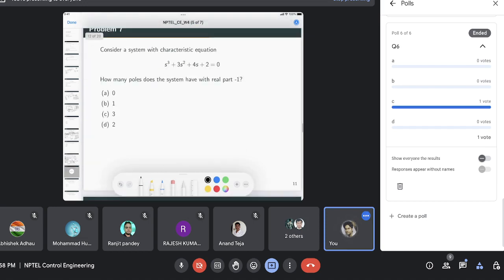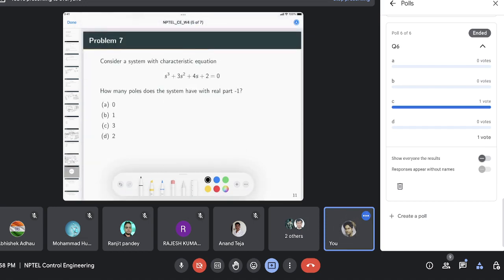So we move to the next question then. Okay, so you have a characteristic equation. So how many poles are there with real part -1?